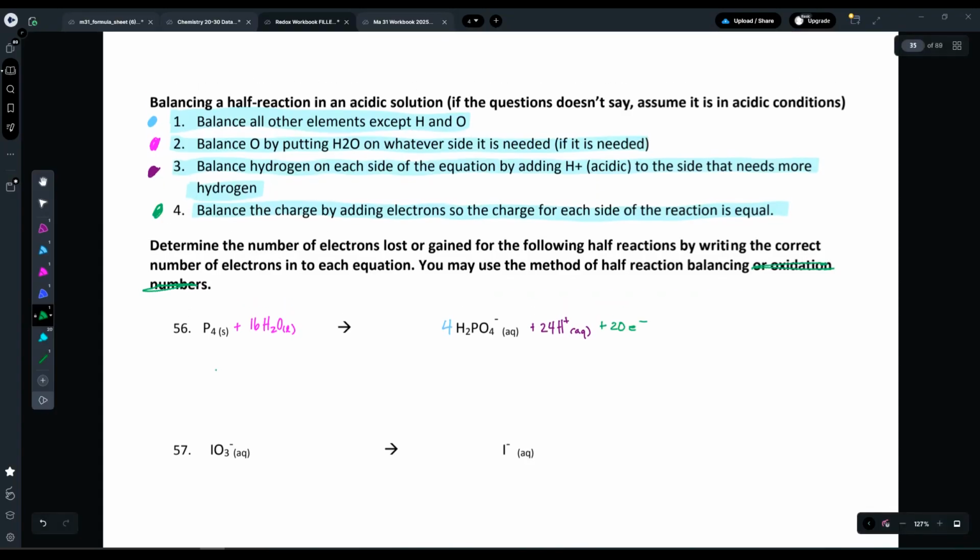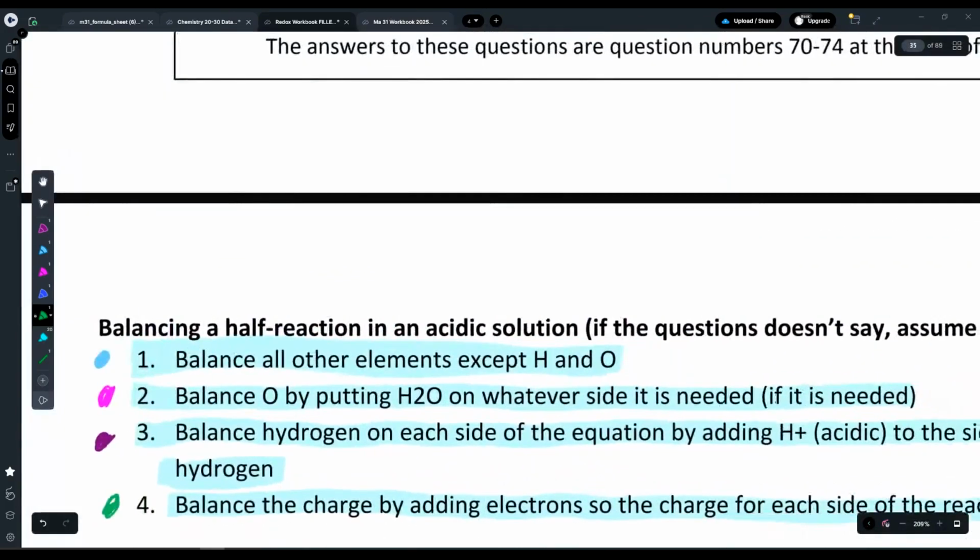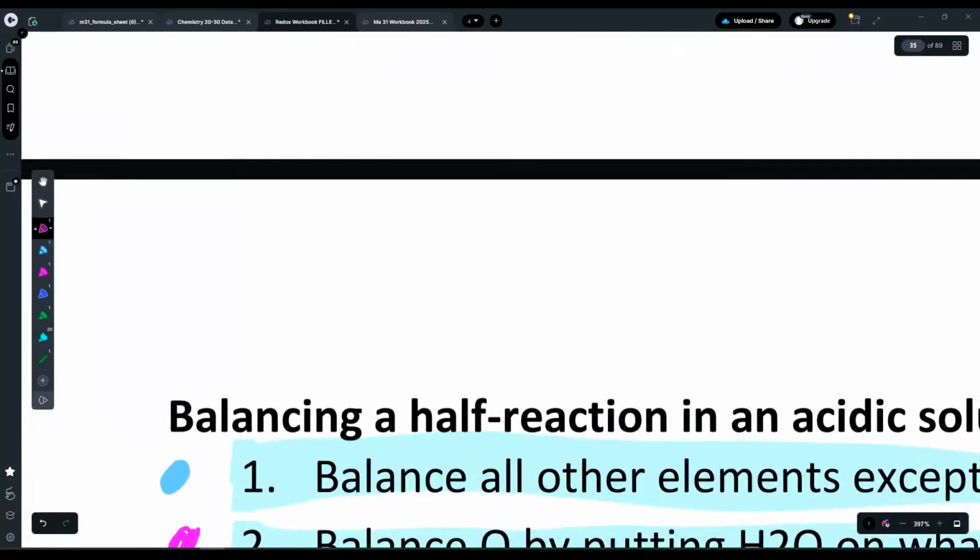Looking at our half reaction here, I see that our electrons are on the product side. Now the key thing that we want to remember here is if your electrons are on the reactant side, those are electrons being gained. But if they're on the product side, that means your electrons are being lost.